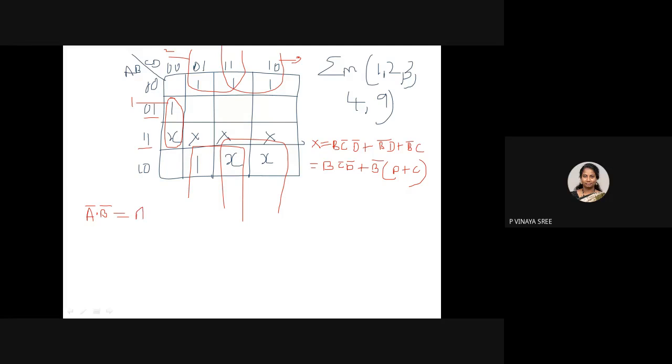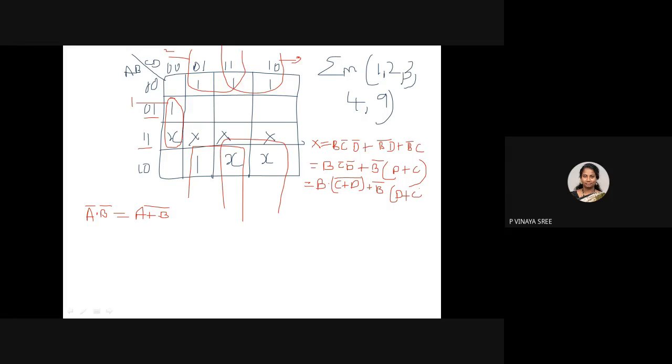So it is A plus B whole complement. So in this case, what I can do, equals to B, so I can write this representation as C plus D whole complement plus B complement D plus C.